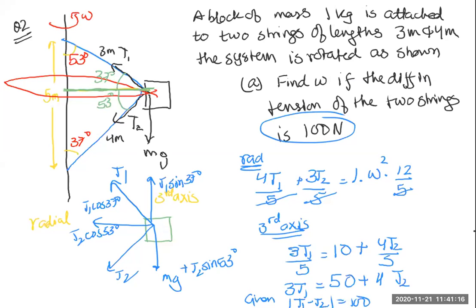I can do it, but T2 is equal to 250 Newton. 250 यहाँ डालेंगे तो 250 into 4 is 1000. 1050 divided by 3 is T1. 1050 divided by 3 parts.